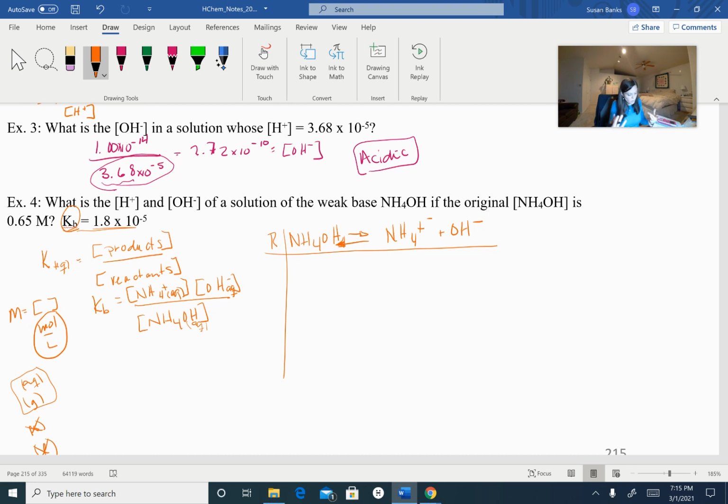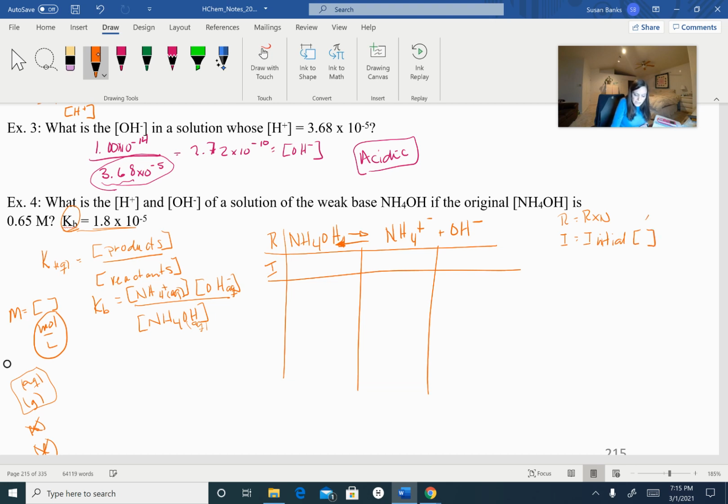Our reaction, R. Our next line, we're going to make lines in between each of the products and each of the reactants, is I. And I stands for our initial concentration.